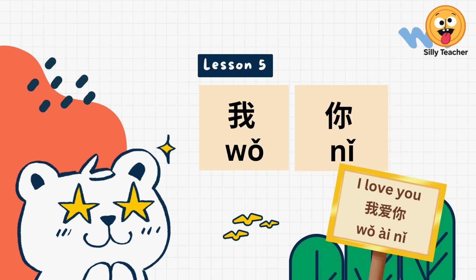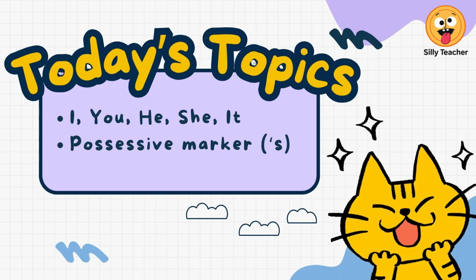In this lesson, we will learn how to say I, you, he, she, it in Mandarin. We will also learn how to use another special word to say things like my, your, his, her, and its. By the end of today's lesson, you will be able to make simple phrases such as my mother, your father, and many more.